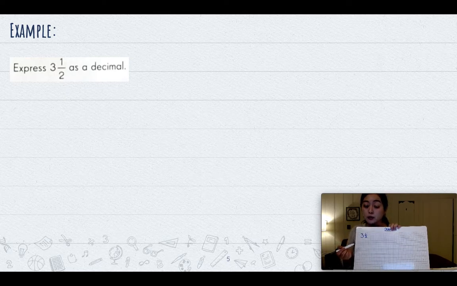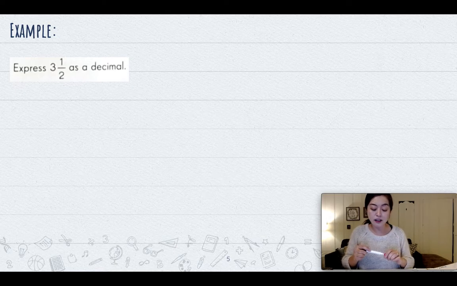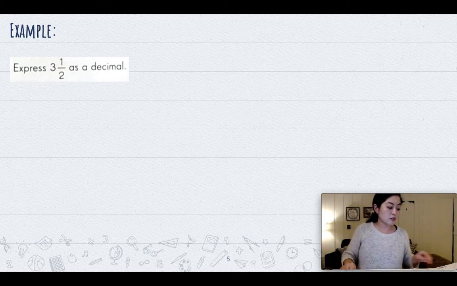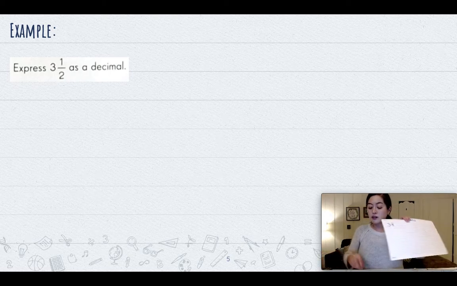Our main goal, with the fraction part, is to get a denominator to be 10 or 100. Why? If the denominator is a 10 or 100 in a fraction, well, we can easily place it in our place value chart over here. Let's see what I'm talking about, okay?